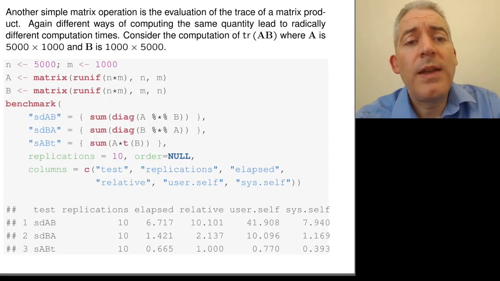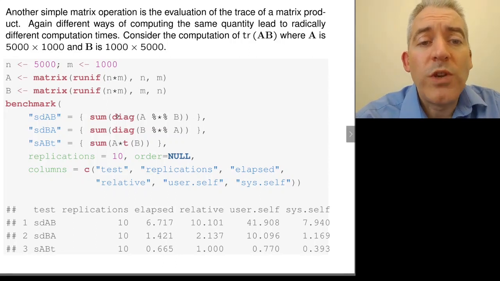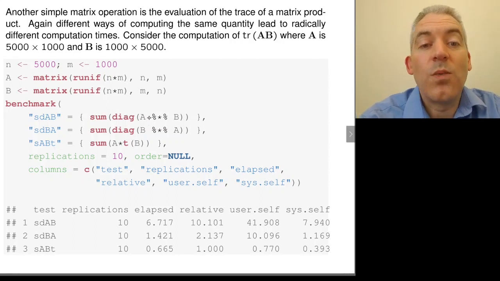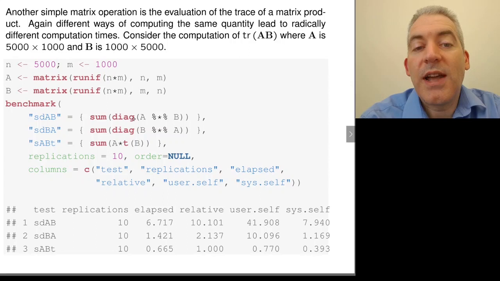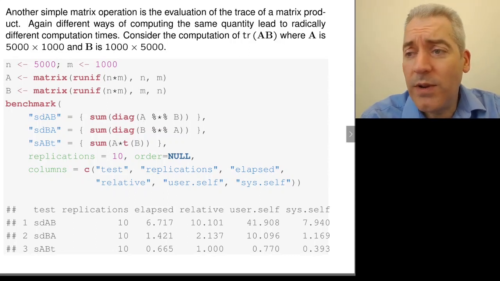Well, in the first way, we just do probably the obvious thing. We form A times B, we take its diagonal, and we sum the diagonal elements. That's more or less the definition of trace. So that's probably what you would do if you weren't really thinking about it.